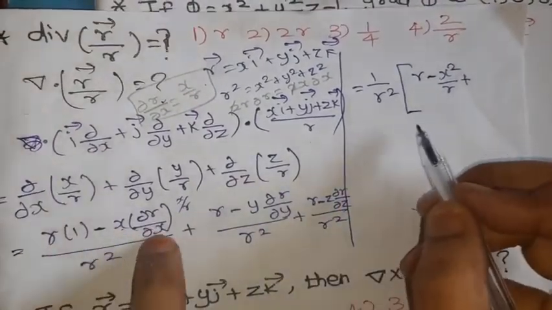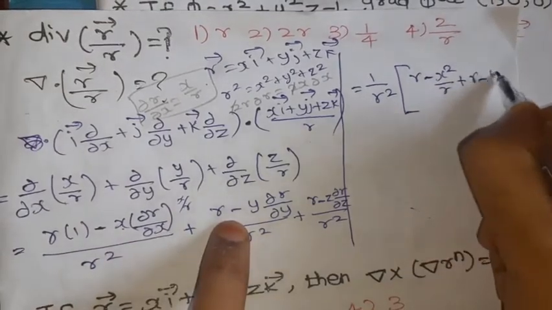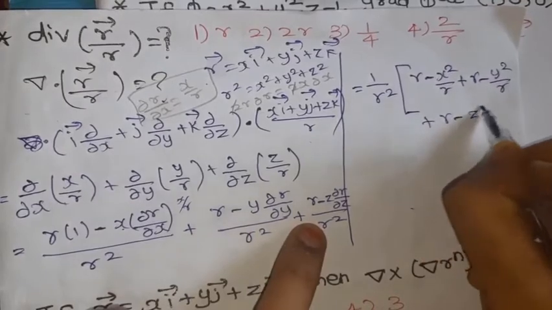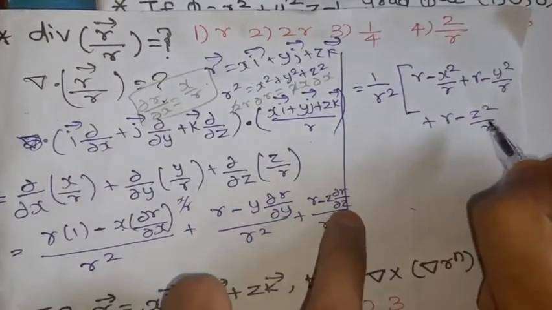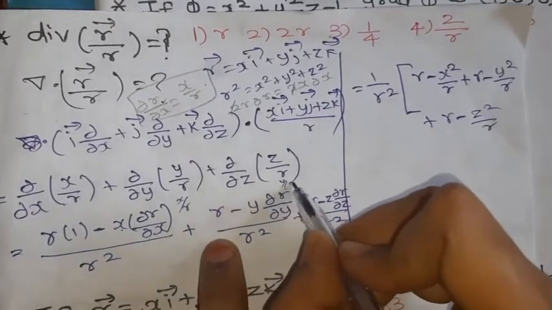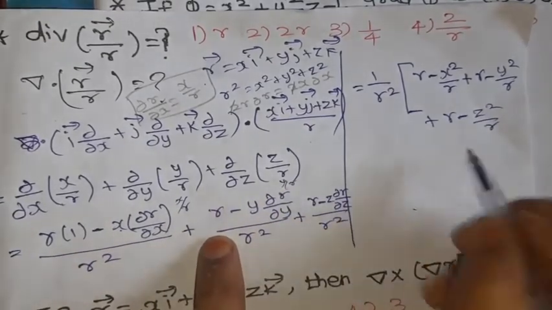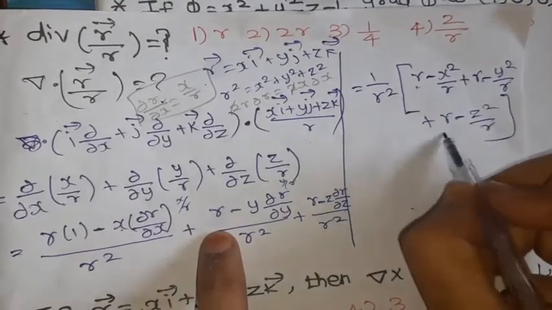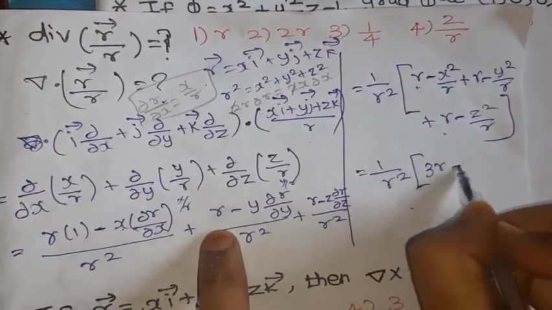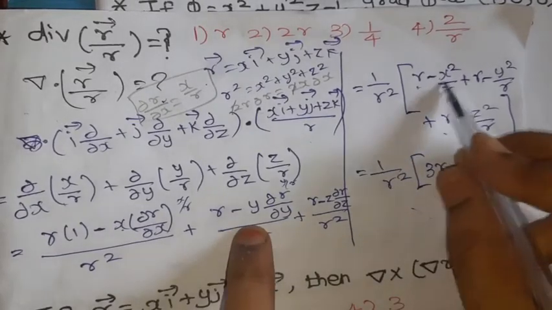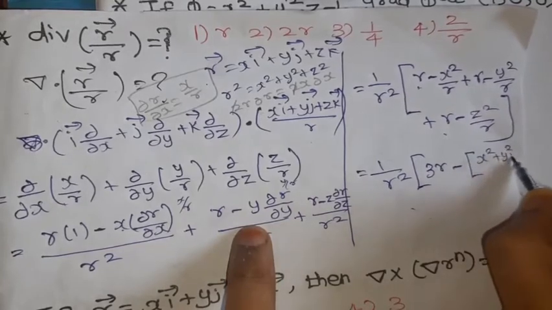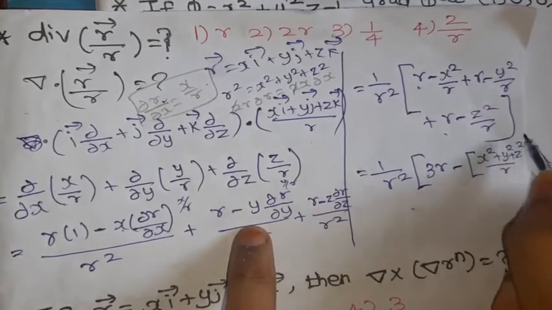So r minus x squared by r, plus r minus y squared by r, plus r minus z squared by r, because ∂r/∂z is z by r and ∂r/∂y is y by r. So r plus r plus r is 3r, minus x squared plus y squared plus z squared divided by r.